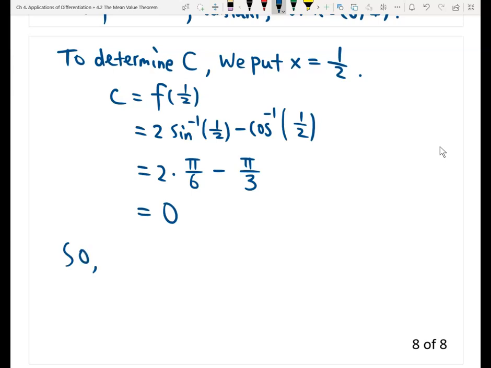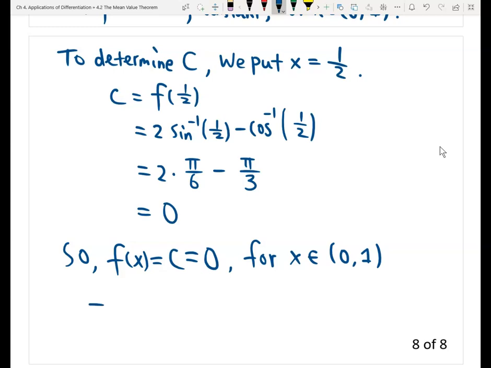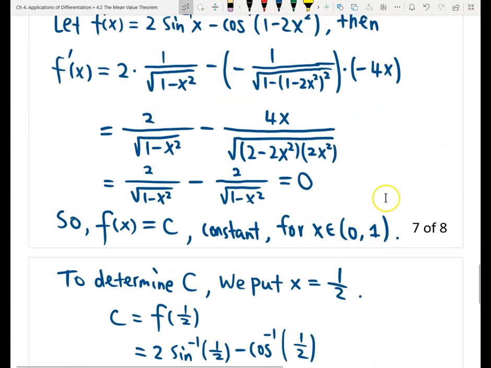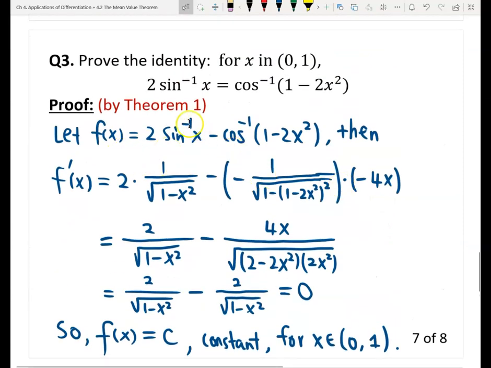So what do we have? f of x equals c, right? c is 0, so f of x equals 0, for all the x between 0 to 1. Okay, and if we go back a little bit, this means what? f of x equals 0, which means, can you see, the left side is equal to the right side.